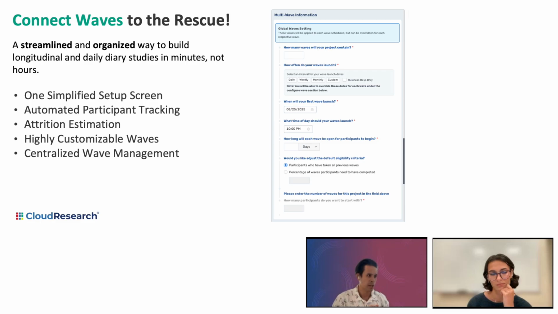Attrition estimation: we provide suggested estimates on how many participants you need to start out with in order to hit your targets. That's always been a question on what value you need to start your longitudinal projects with. While we've created this really simple way of doing this, we've also maintained customizability. We still give you the flexibility to tweak each individual wave to your liking based on your project setup.